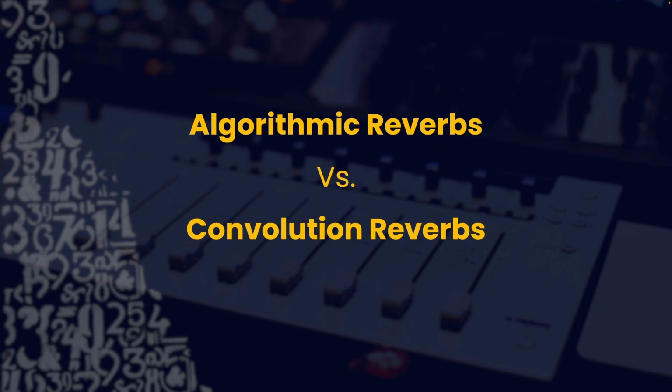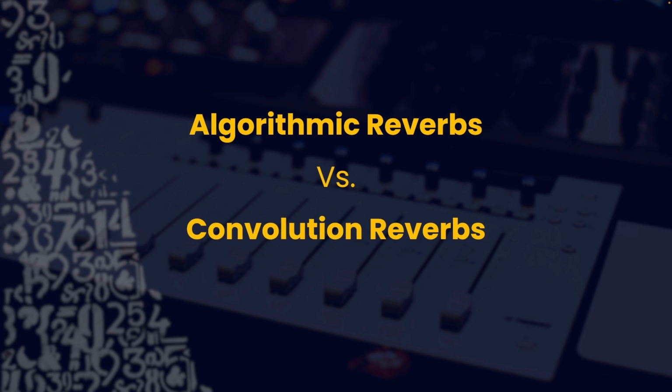Versus convolution reverbs, where an acoustician actually goes to a room like a church or a hall or even a generic studio room, and they will measure different signals coming out of the speaker, and then they measure the signal in various areas of the room to essentially create a reverb using a real life space.